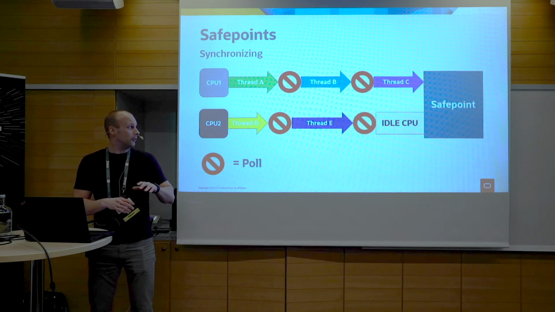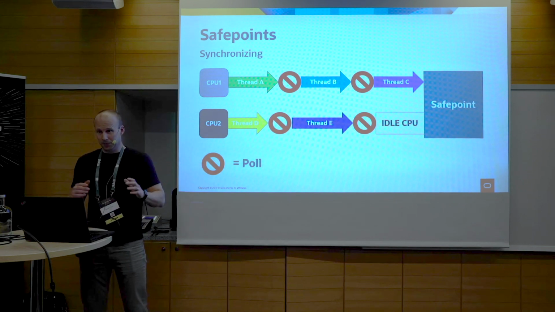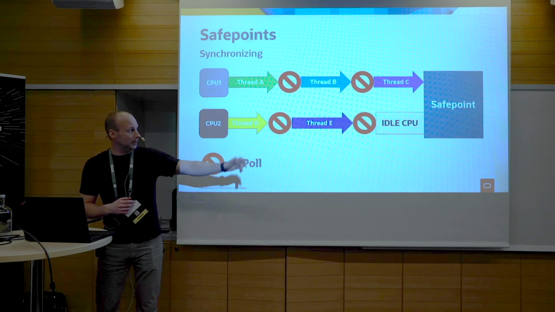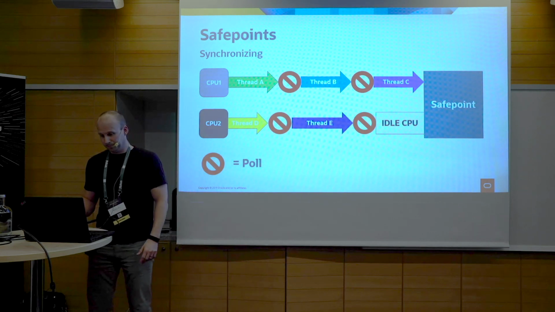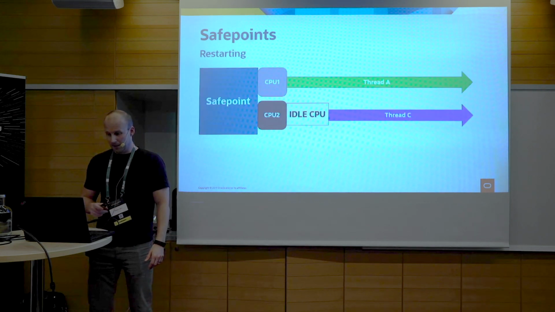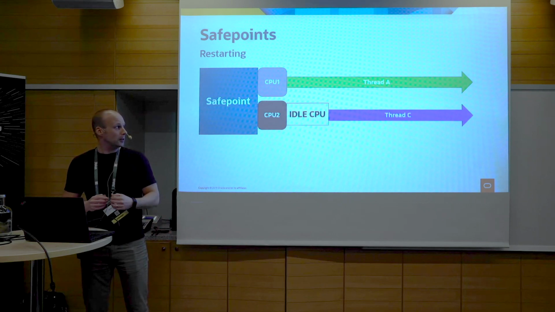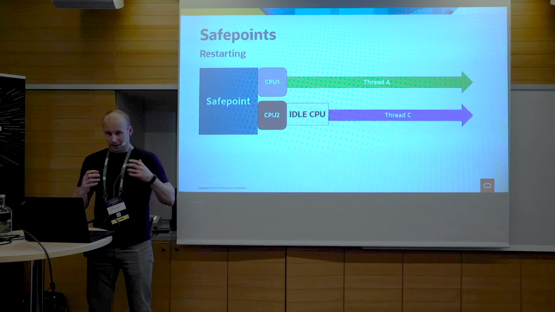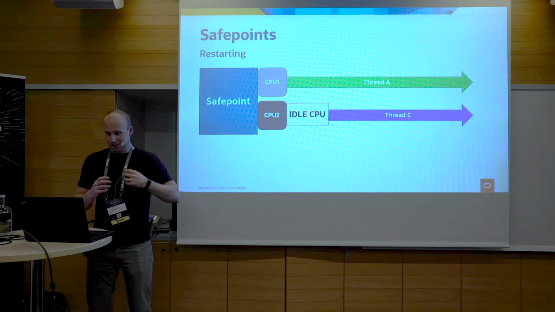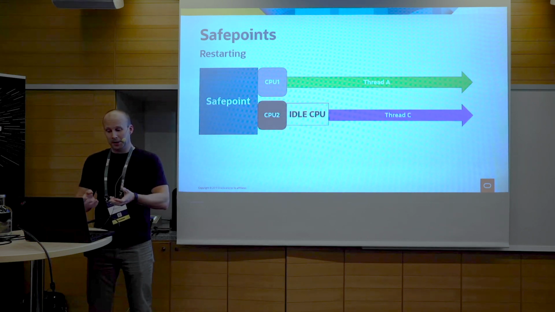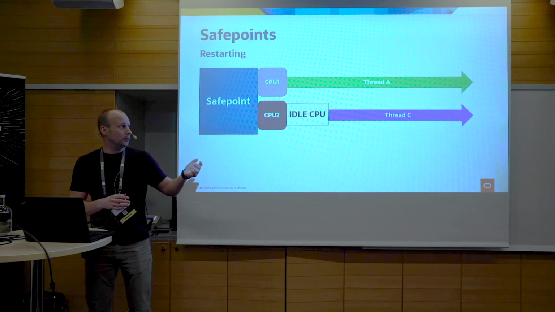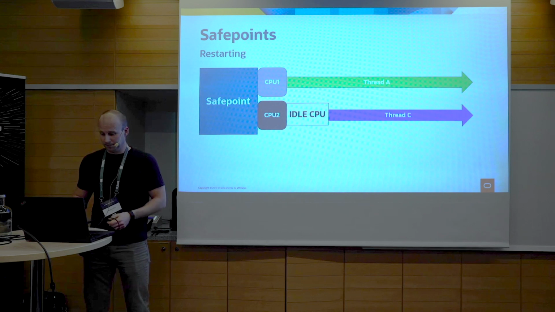So the latency for thread D, for example, can be very long. Also, we have some idle CPU, meaning we are wasting CPU time. And when we restart, it's not possible to start all the threads at once because of OS limitations and things like that. We get unutilized CPU on the other side of the safepoint when restarting also.